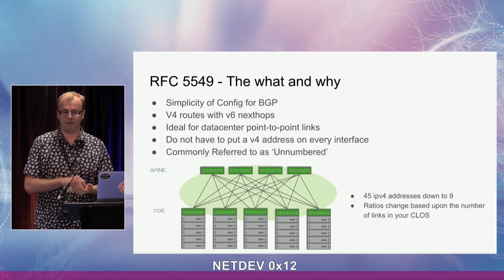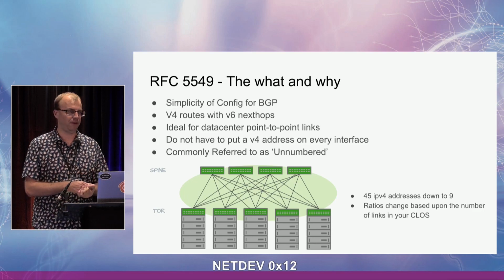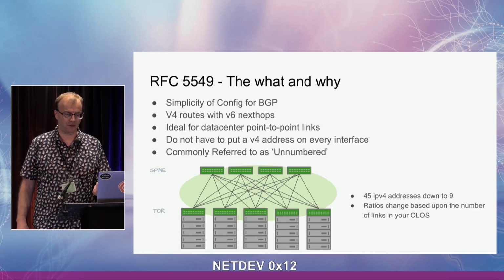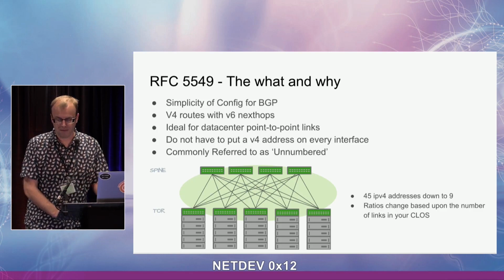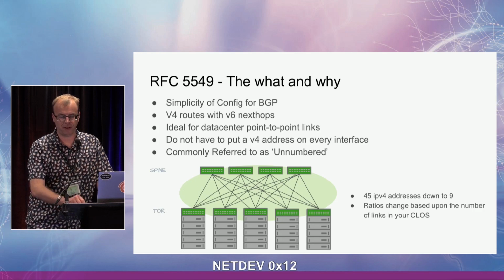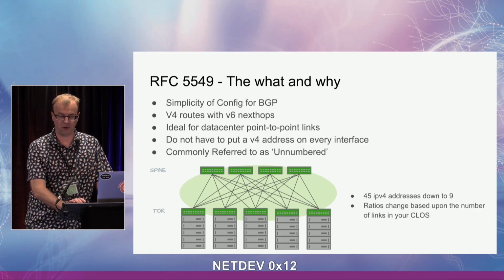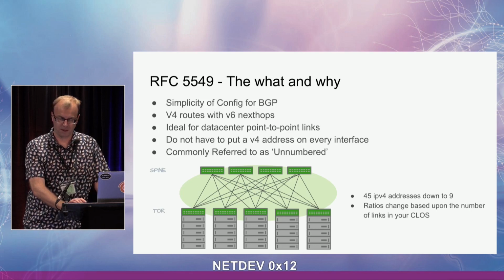This allows you not to have to put a V4 address on every single interface in your data center. And it's also commonly referred to as unnumbered. So in this example here, if I put an IPv4 address on every single interface between the spine and the ToRs, I need to have 45 IPv4 addresses.